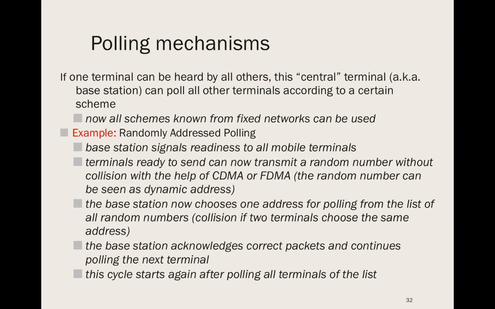The base station then chooses one address for polling from the list of all random numbers, and a collision only happens if two stations choose the same random number. The base station acknowledges correct packets and continues polling the next terminal. The cycle starts all over again when it reaches the last terminal in the list.